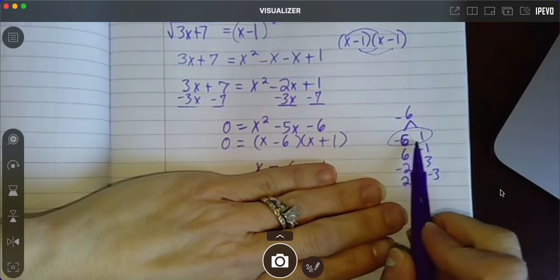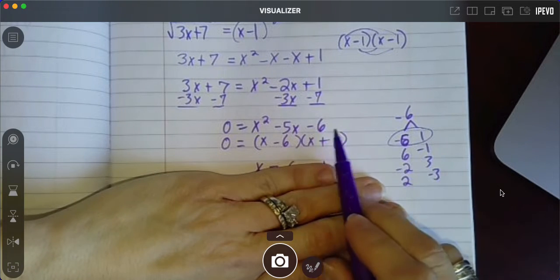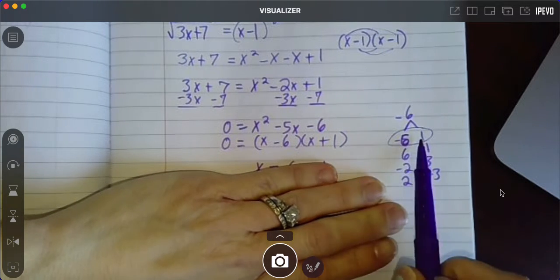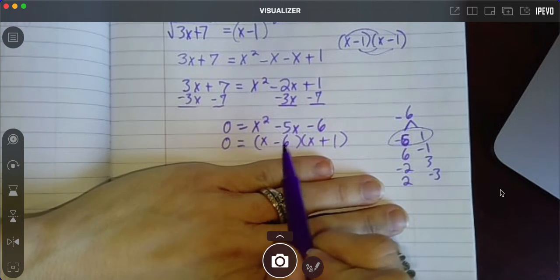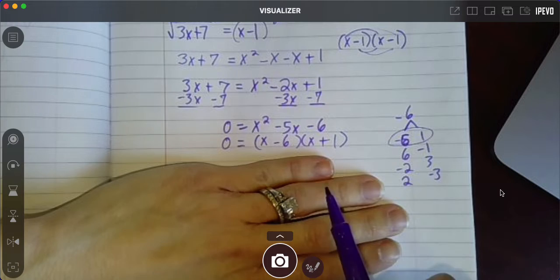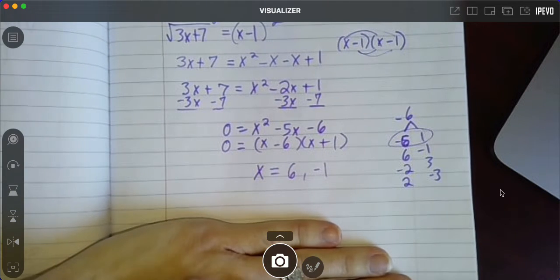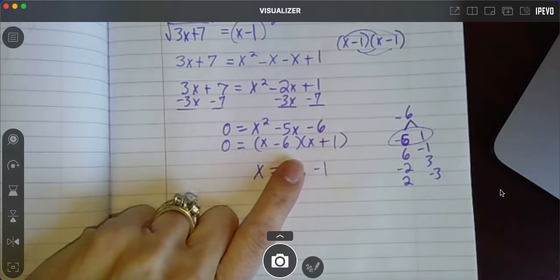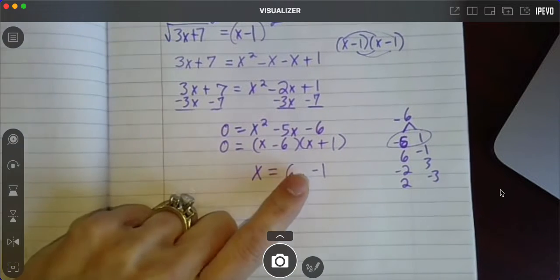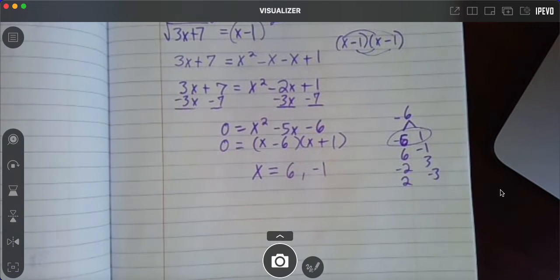So watch. So what I get right here, do you understand why I put the minus 6 and the plus 1? Okay, but now, where these other numbers come from is I set both of these things equal to 0. I'm just wondering, because at one point we did X plus 6 if it was negative, and then we did X minus 1 if it was positive. When we were dividing, is that when we were doing the synthetic division?